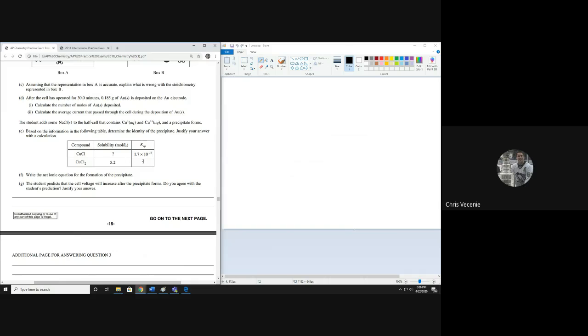This guy's KSP to compare it, or this guy's solubility, which is X, to compare it. And the reason I'm going to say we want to get the solubility is because CuCl breaks up into 2 pieces, and CuCl2 breaks up into 3 pieces, Cu plus 2 and 2 Cl negatives. So getting the KSP of this guy really doesn't help us. So we have to get CuCl's X value.